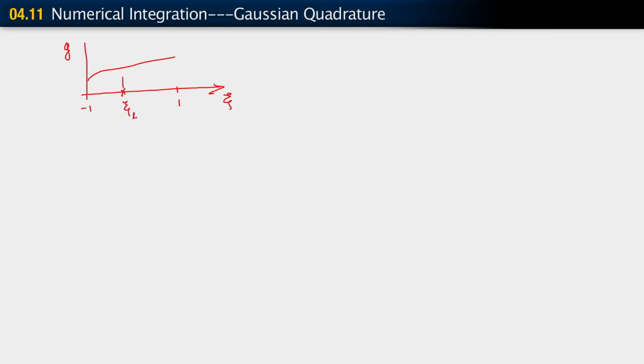We look at the value of g at that value of xi, so this is g at xi sub L. We are basically forming that sum like I wrote on the previous slide. We're giving some certain weight to the value of g at xi L. And then there are just rules.